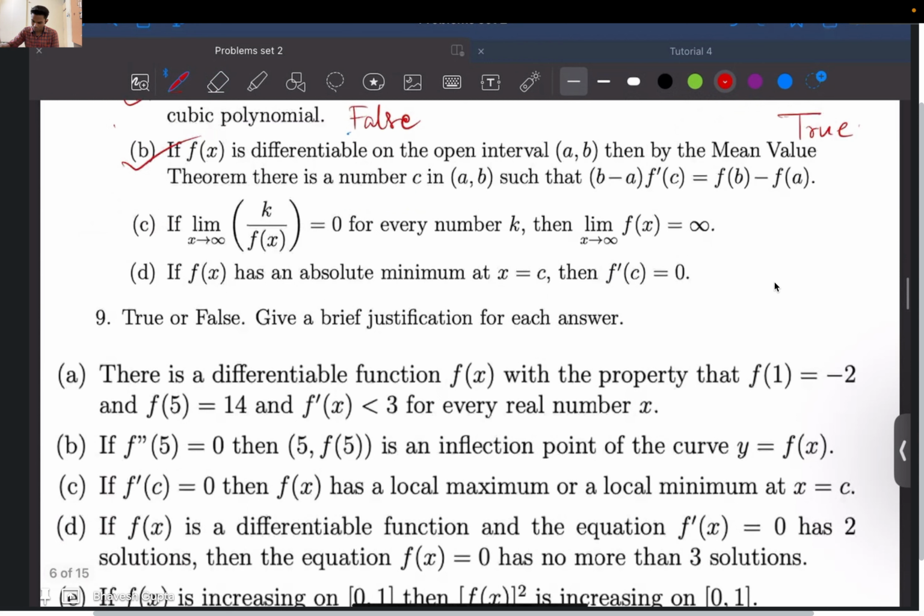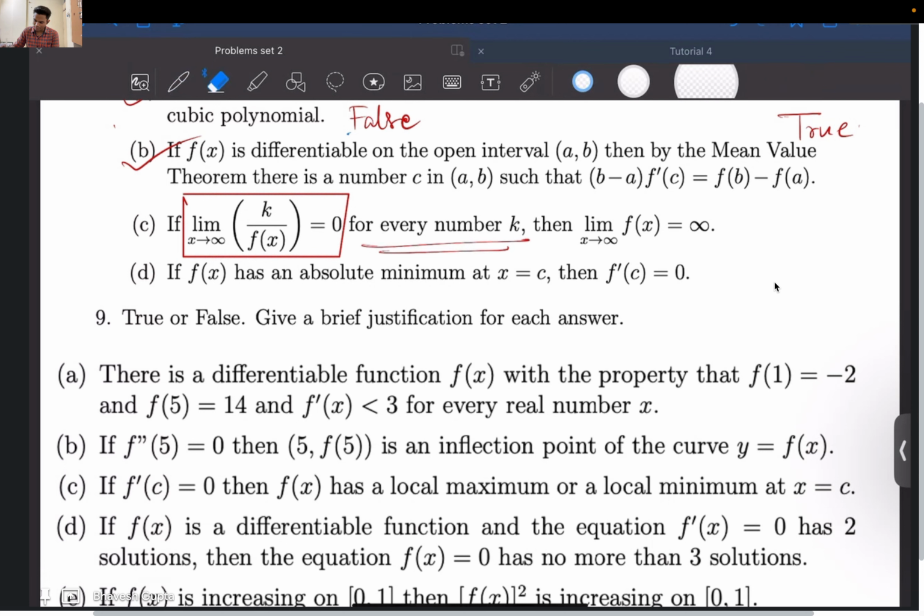And then let's go to the third point. They tell me that there exists a function f of x such that this particular limit exists and is equal to 0. So the question is whether this limit is true for all k. That is given to me, that it is true for all k. So what can we comment about this function for large x?